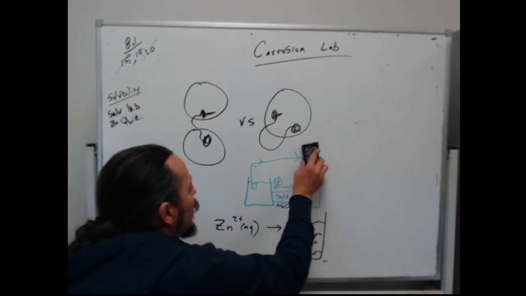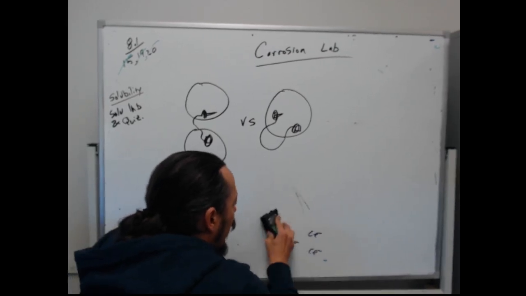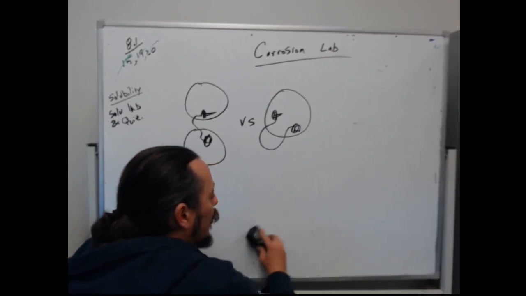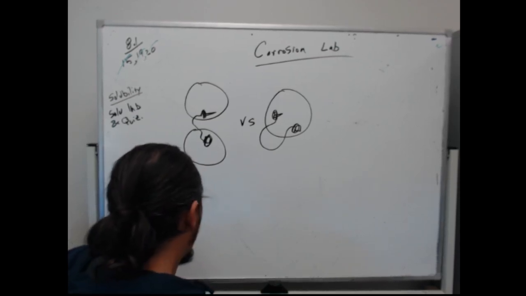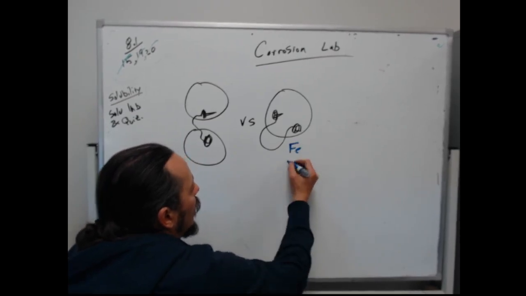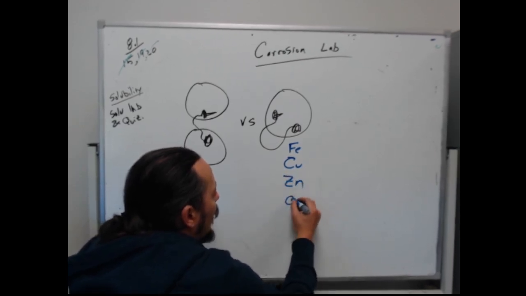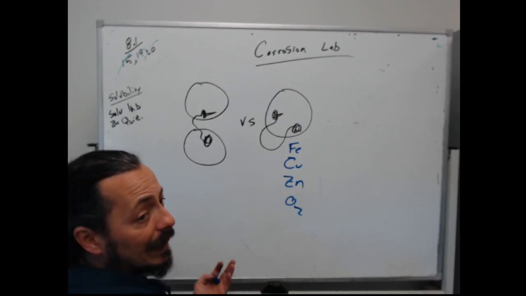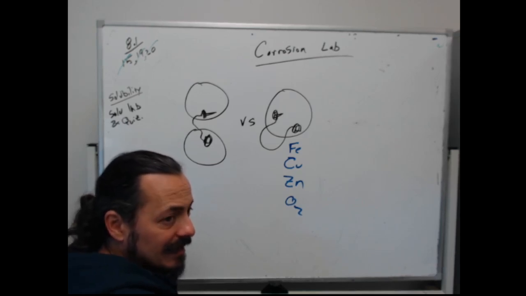So when we look at these two cases, we need to have the cation, the salt bridge, and the electrical bridge, the wire, in order to have a complete system. In this situation, I would have iron, copper, zinc, and oxygen, and I would look at all four of those things operating in the same salt-connected system.